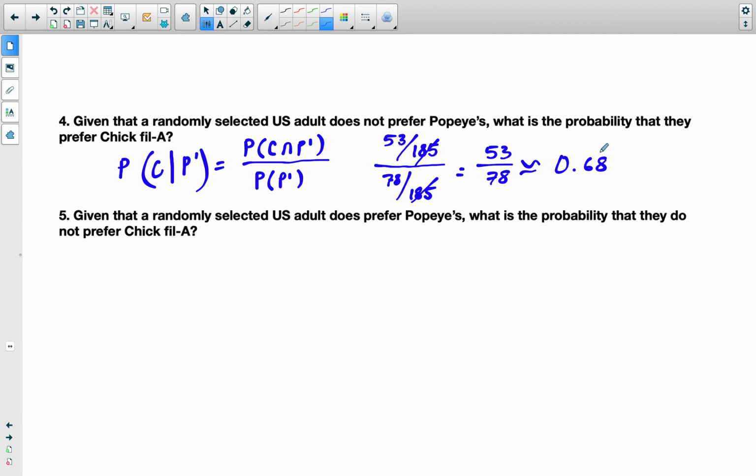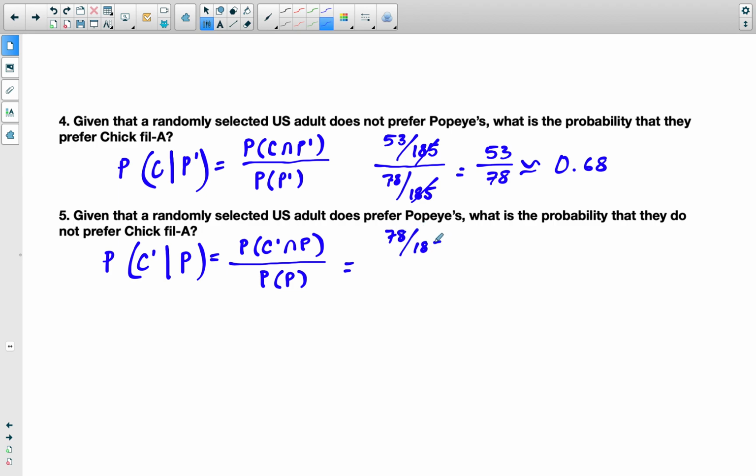All right. Given that a randomly selected U.S. adult does prefer Popeyes, what is the probability they do not prefer Chick-fil-A? Again, that's the probability they both occur, so C prime and P over the probability of P, the condition. C prime and P is does not prefer Chick-fil-A and prefers Popeyes, that's going to be, if I pull that from my table, 78 out of 185.